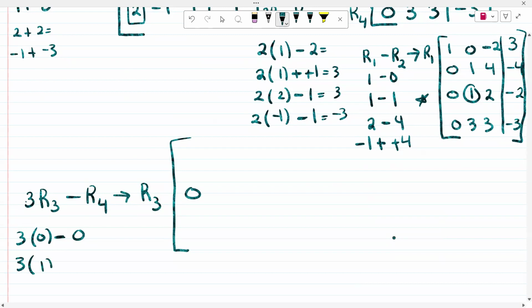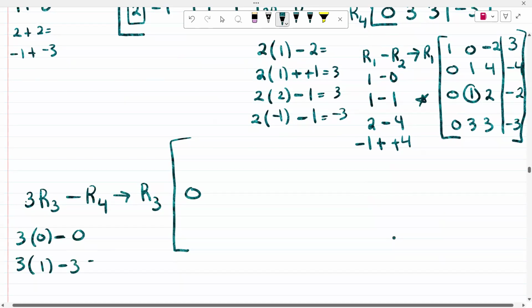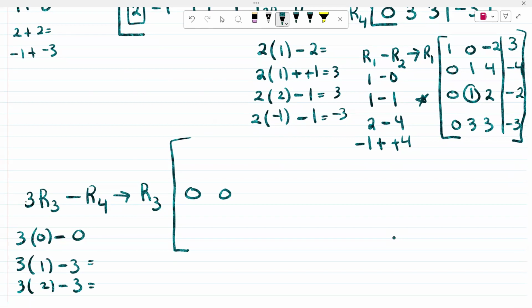Minus the second number in row 4, which is 3. 3 minus 3 is 0. And keep on going. 3 times the third number in row 3, which is 2, minus the third number in row 4, which is 3. So 3 times 2 is 6, minus 3 is 3. Put a 3 here.